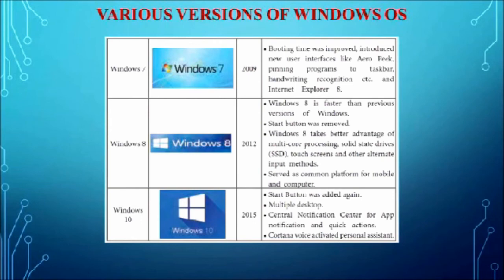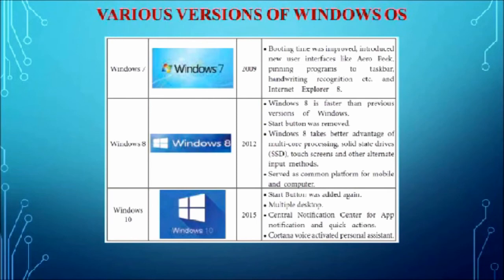Simultaneously, you can have a number of desktops in an operating system. There is also a central notification center for app notifications and quick actions.